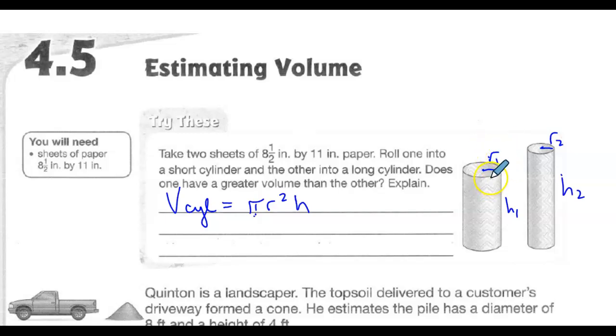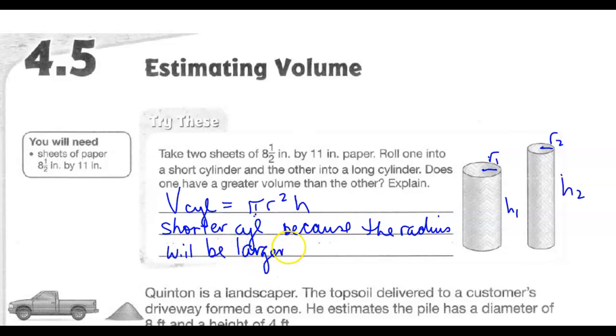So my reasoning on this one is that it would be the shorter cylinder, because the radius will be larger and it will be squared.